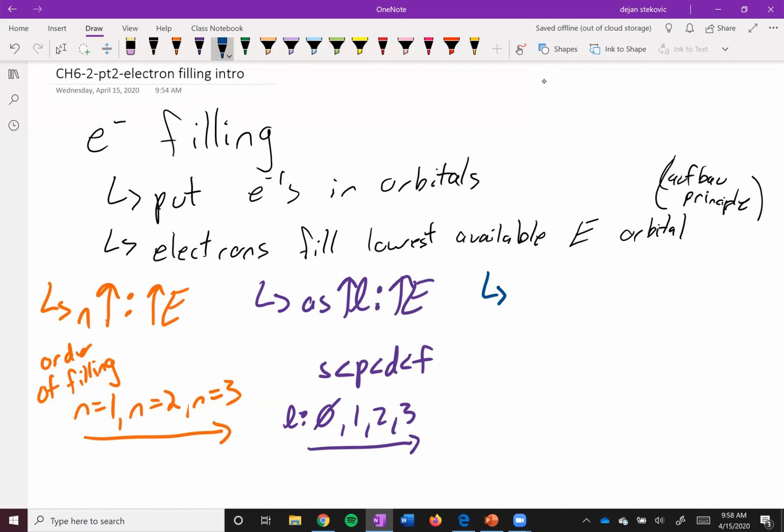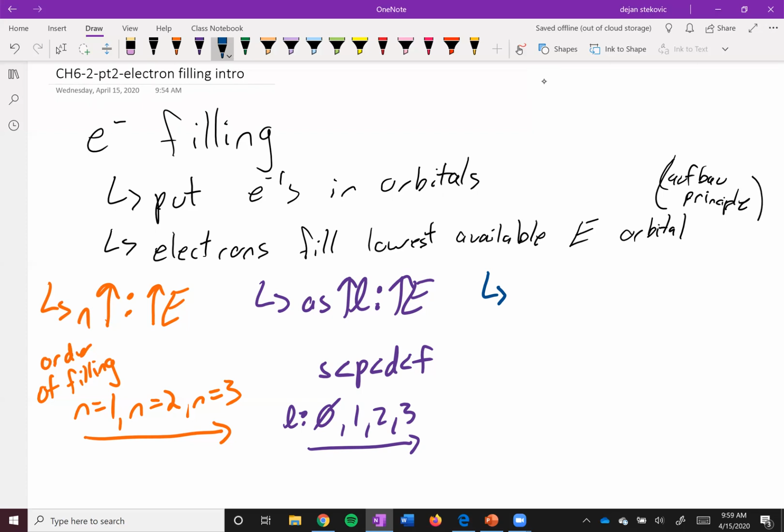Then we have the final quantum number that describes an orbital, and that's m sub l. Remember, m sub l is just the orientation of the orbital, whether it's pointing up and down, left and right, in and out of the board. Since it's just the orientation, it doesn't actually cause any energy differences in the orbitals.